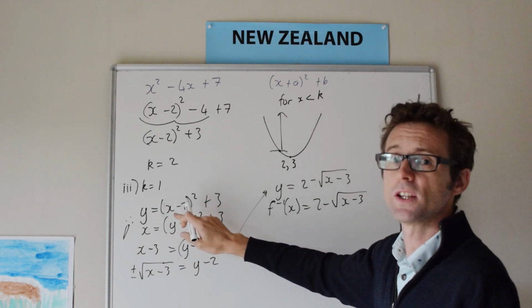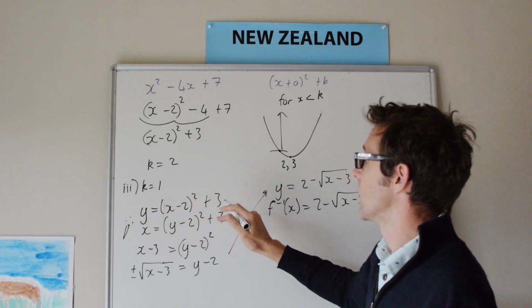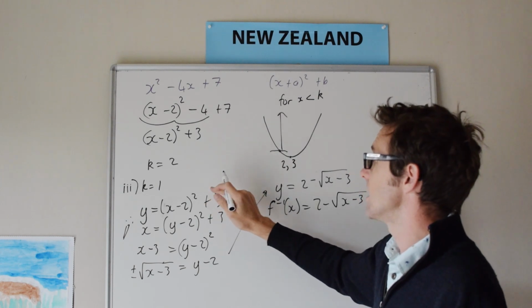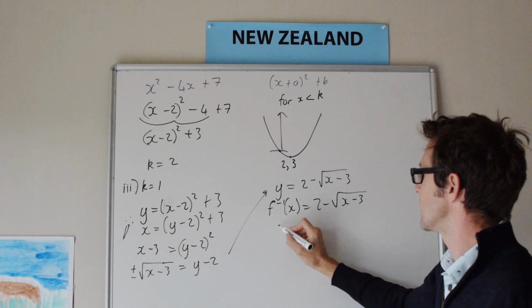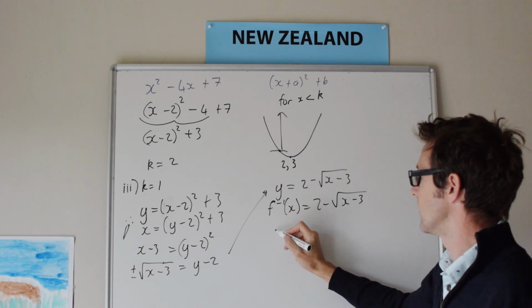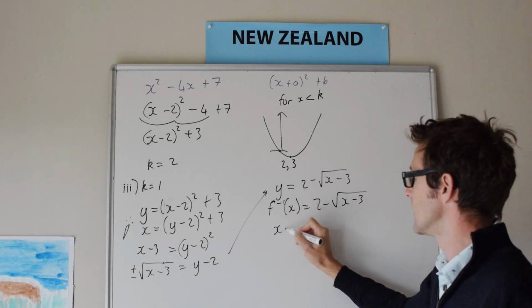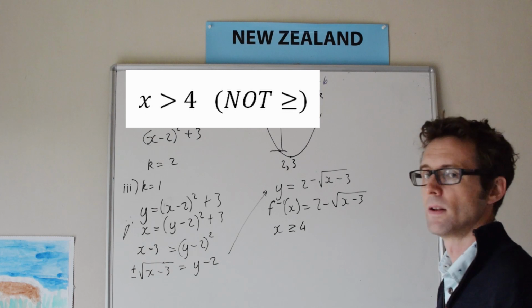Negative 1 squared is 1. 1 plus 3 is 4. So our original function's range is greater than or equal to 4. So our domain must be x is greater than or equal to 4.